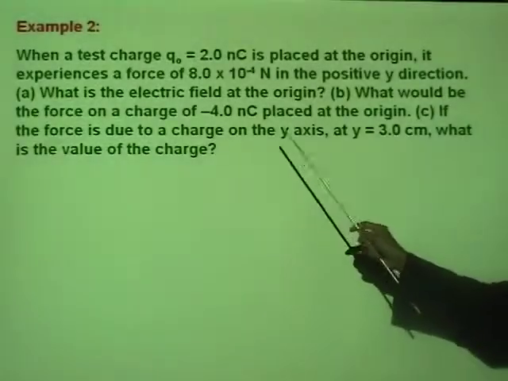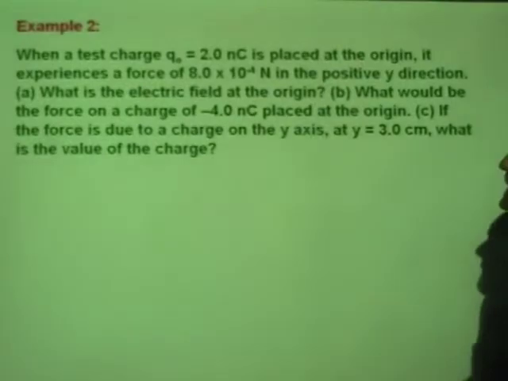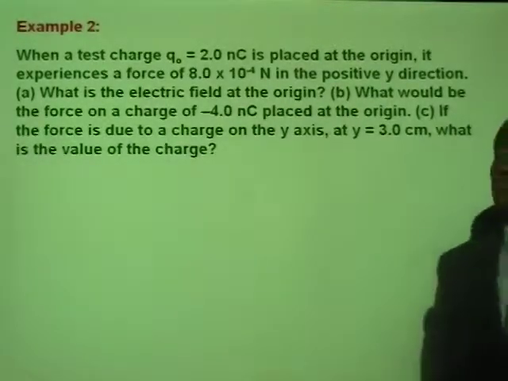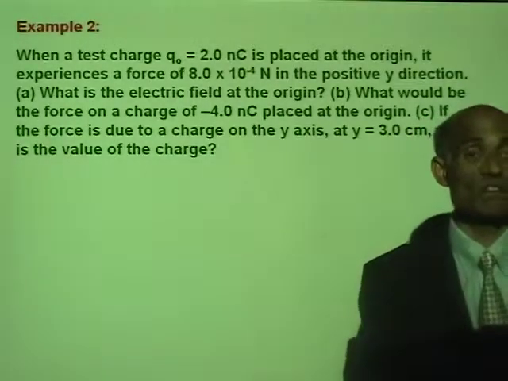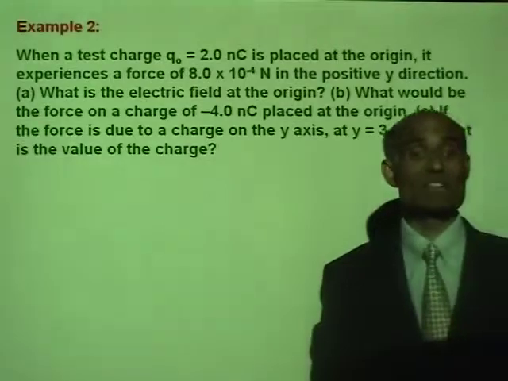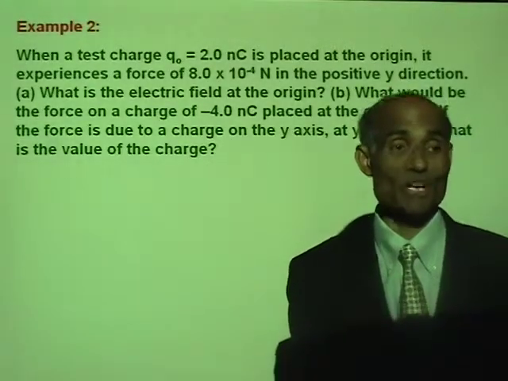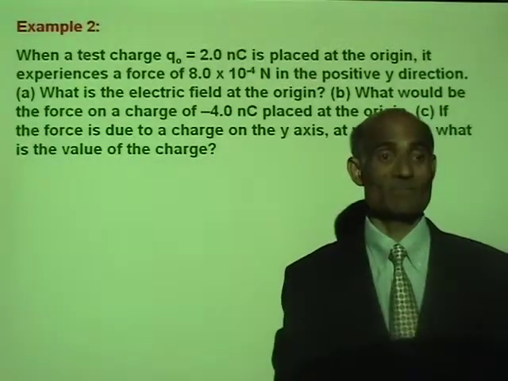Alright, another problem. When a test charge Q0 equal to 2 nanocoulomb is placed at the origin, it experiences a force of 8 times 10 to the negative 4 Newton in the positive y direction. What is the electric field at the origin?